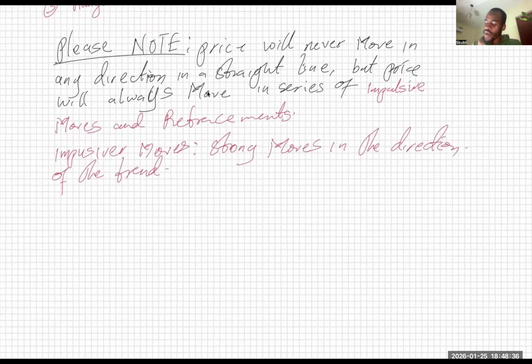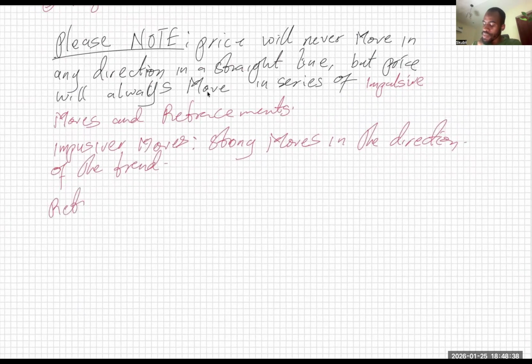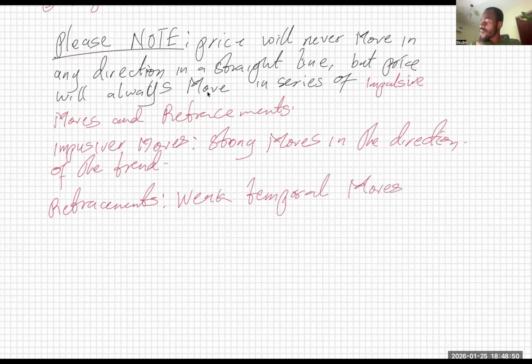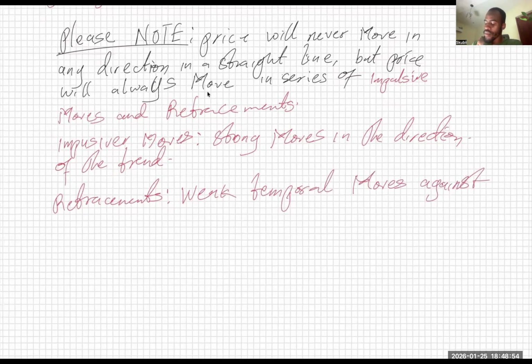And retracements, on the other hand, are weak temporal moves against the trend. Are you guys following?